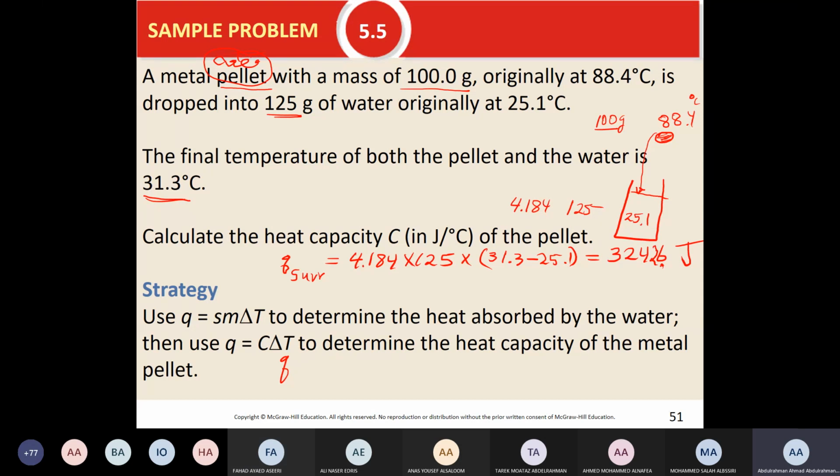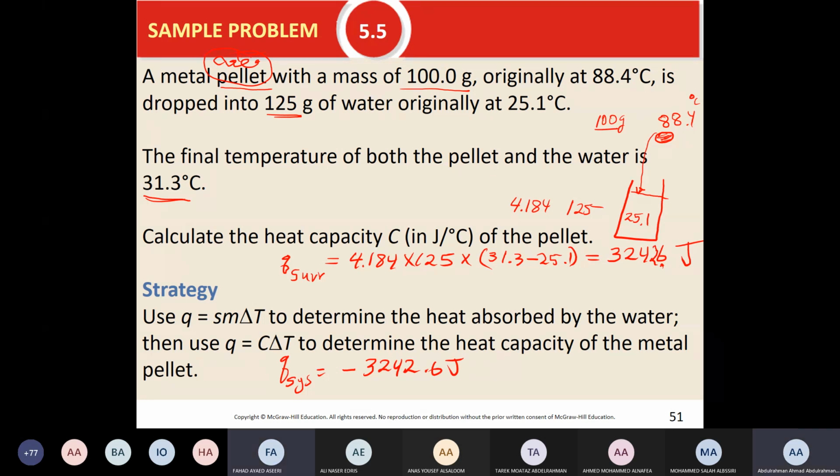What's the Q of system? Negative, minus 3242.6. Exactly. Okay. Which is actually equal to what? It's the negative of the surrounding heat.